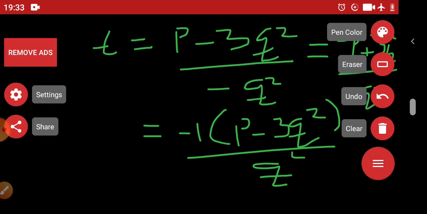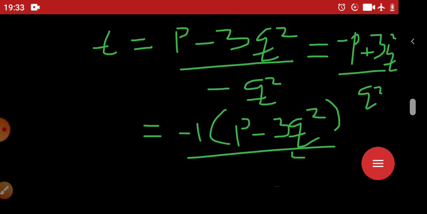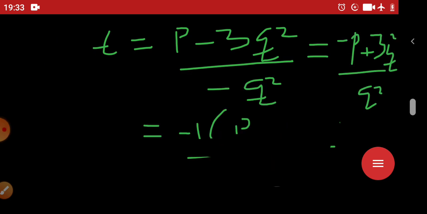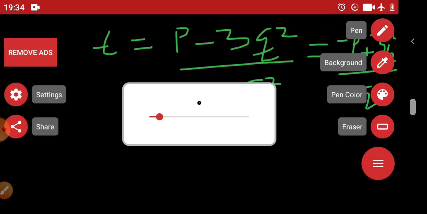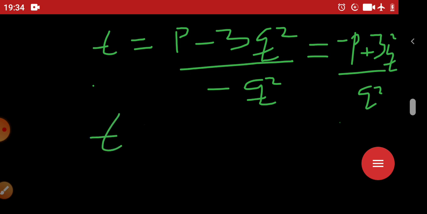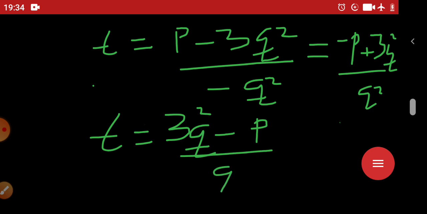You recognize that this is actually the same thing as we obtained before. So t is equal to 3q squared minus p over q squared, which is what we have obtained.